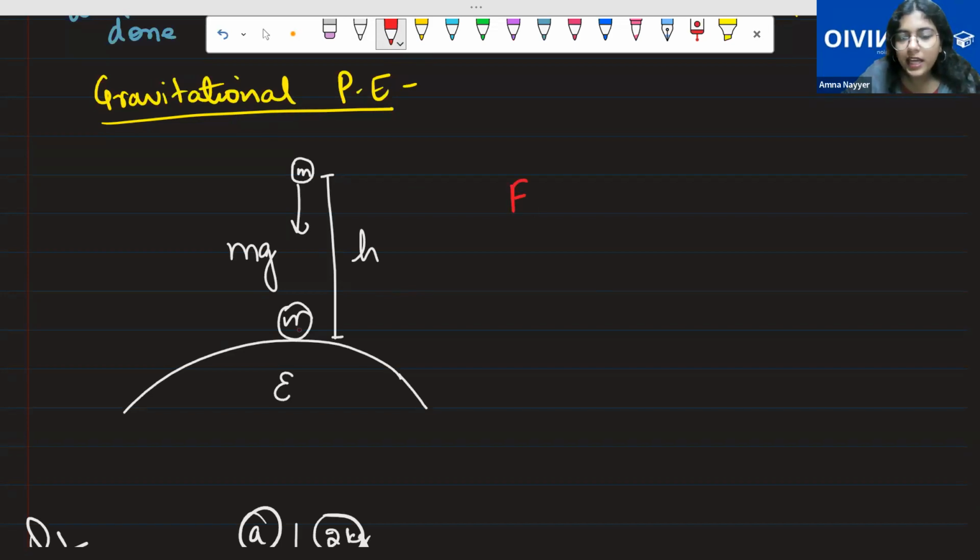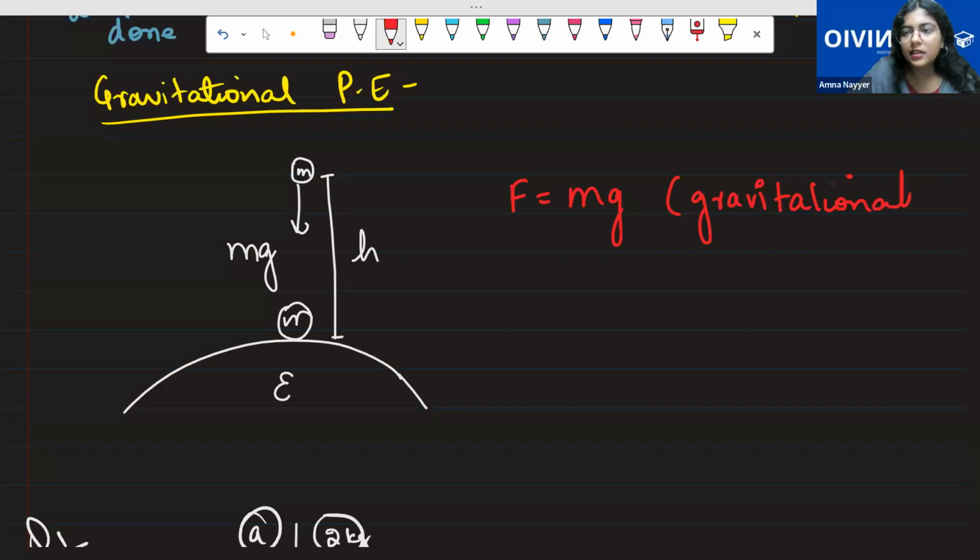See, if a body has been taken from the surface of the earth to a point, the force that is exerted is mg, the gravitational force. And the displacement, let's say, to which it is raised is some height h.